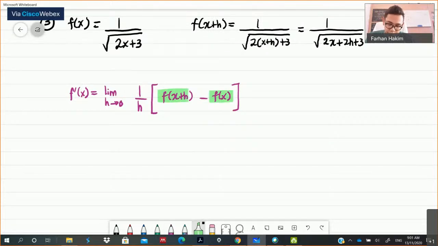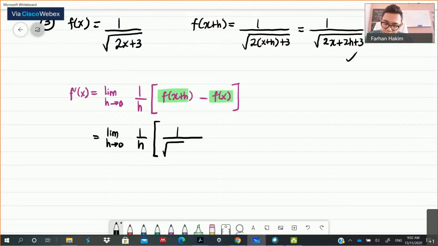So we'll have the limit as h approaches 0 of 1 over h, and I'm writing the fraction here: 1 over the square root of 2x plus 2h plus 3 minus f(x), which is given by this function, 1 over the square root of 2x plus 3.